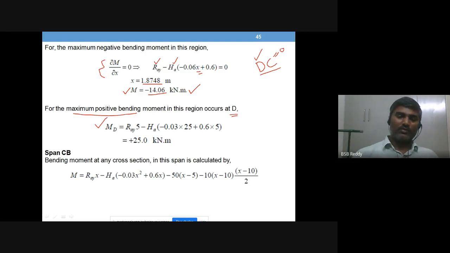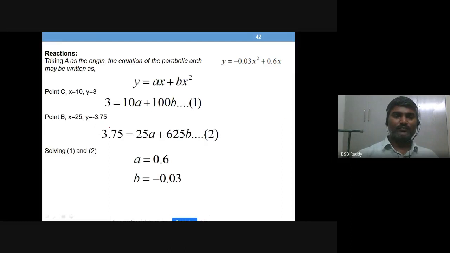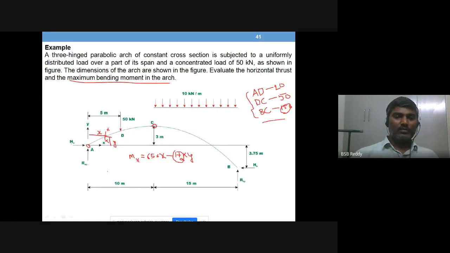So how do you write the moment at D? Sum of all moments to the left of D, where there are two loads only.